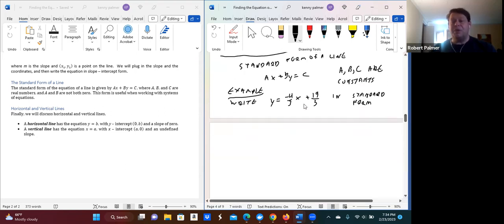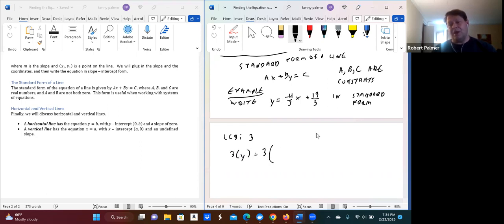Okay. One good place to start is to get rid of our denominators. Our A, B, and C constants are typically just integers, no fractions. So the LCD is 3. Multiply everything by the LCD, both sides, and that's going to get rid of our denominators.